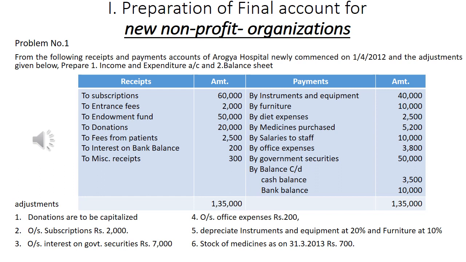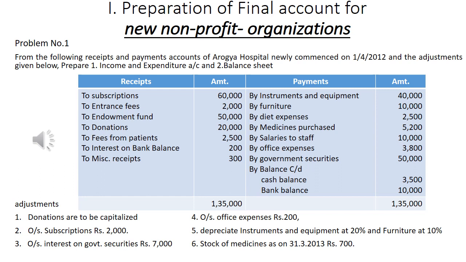The receipts and payment account is given here. Subscription, receipt side, first one. What is the meaning of subscription? Subscription is nothing but fees received from the members annually by the NPO, that is recurring in nature. So we have to enter it on the credit side of the income and expenditure account inner column, because there is an adjustment regarding the subscription.